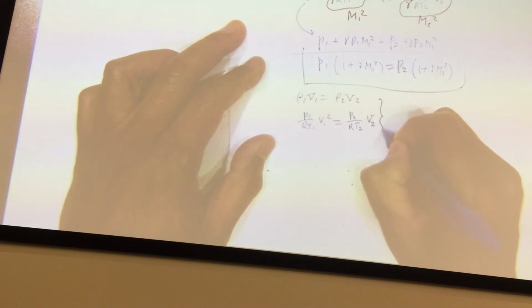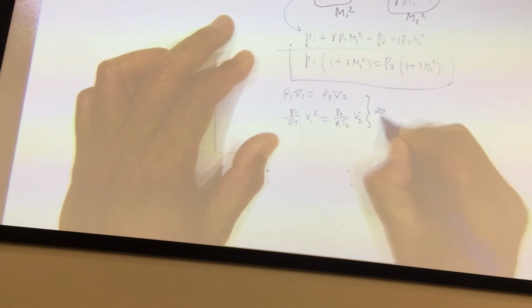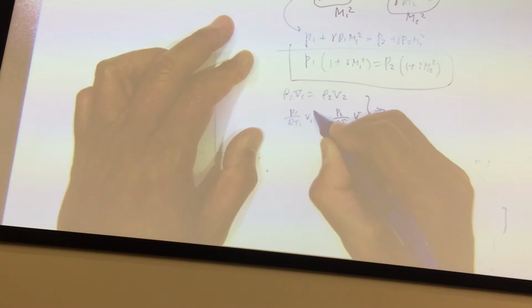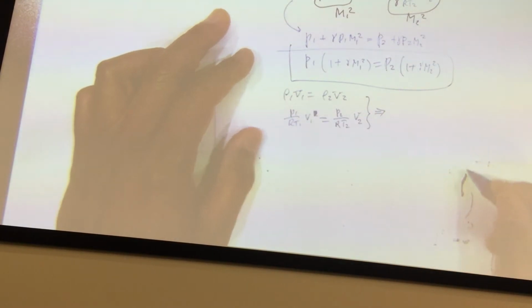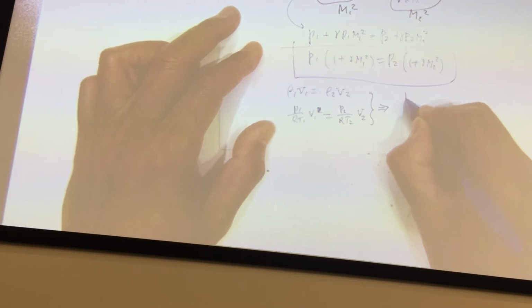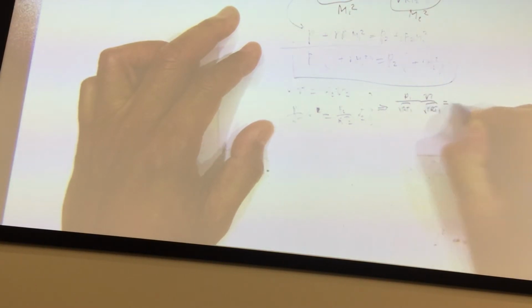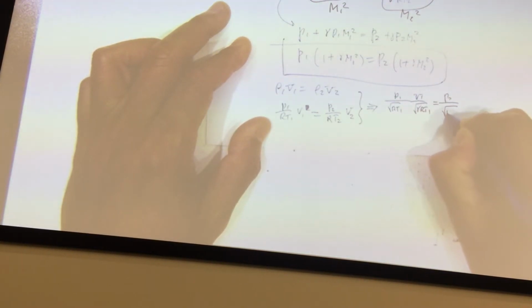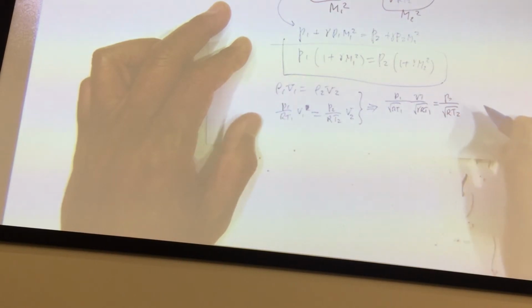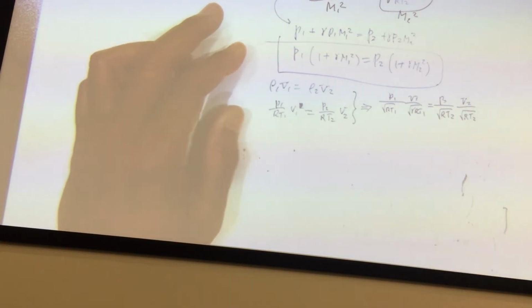Now this will become P1 over square root of gamma RT1 times V1 over square root of gamma RT1 equals P2 over square root of RT2 times V2 over square root of RT2.